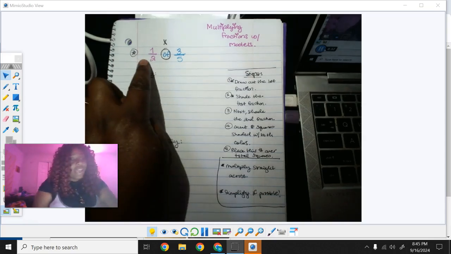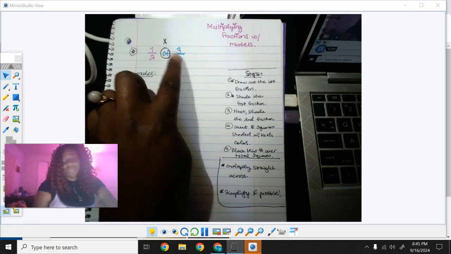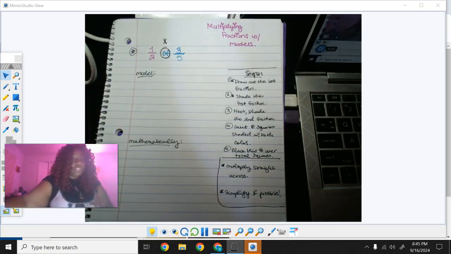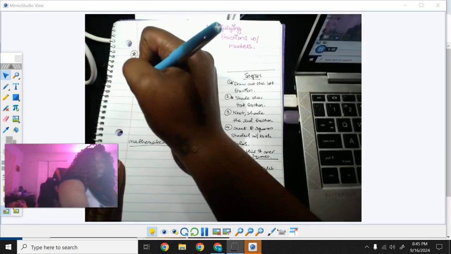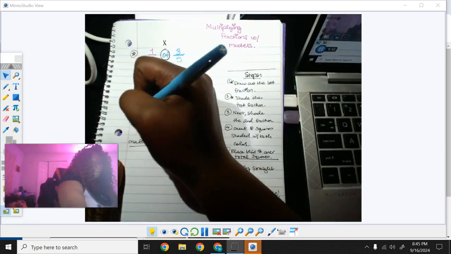So I have 1/2 of 3/5. So the first thing I'm going to do is draw out my fraction that is in blue, and that fraction is 3/5. So I'm going to draw a square.